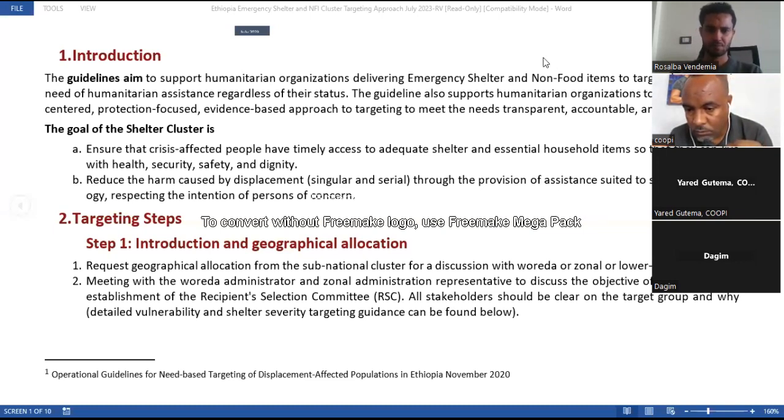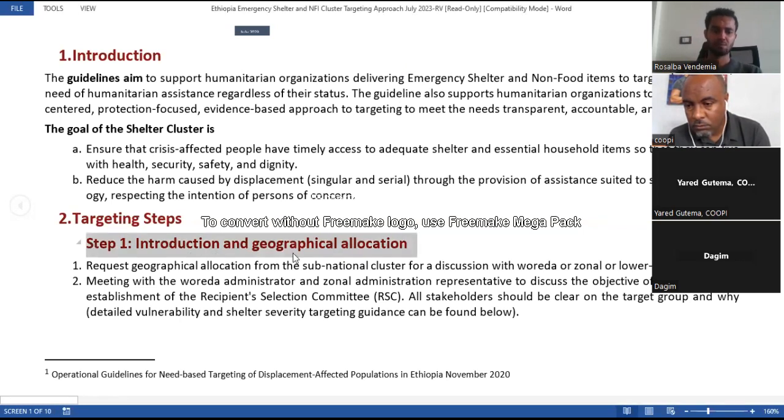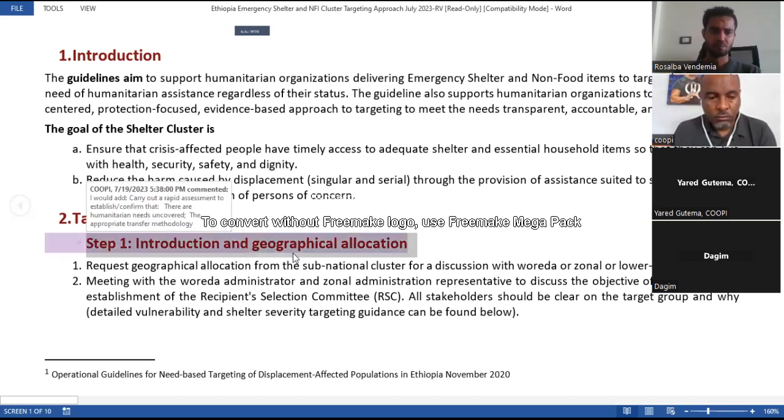So usually we have to consult the national or regional subnational cluster to let us know where the areas with SNFI gaps or any kind of response needs are. After having this, at the same time, it is also always important to consult relevant authorities at zonal or local level.